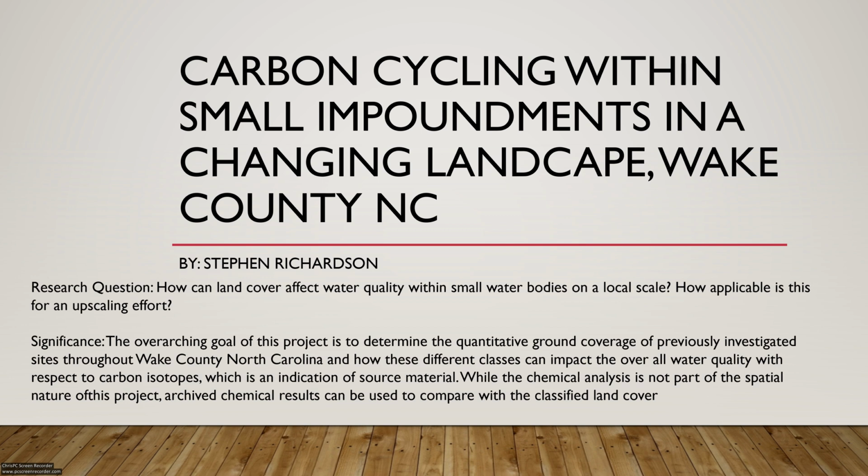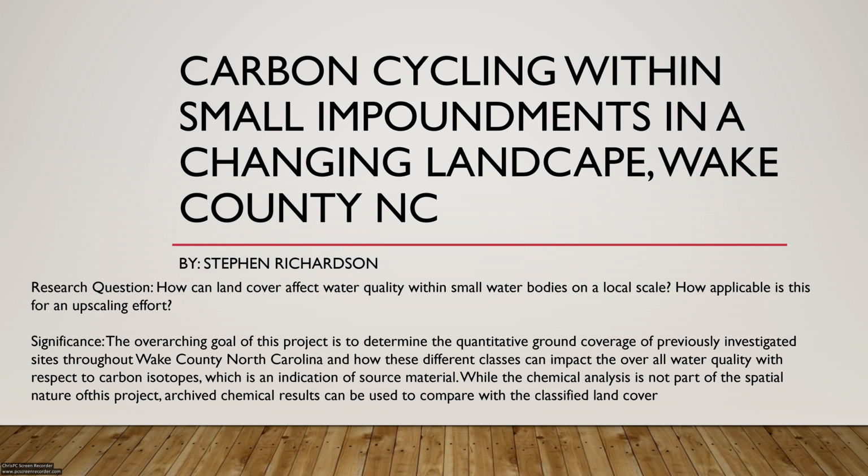My research question was to look at how land cover can affect the water quality that we find within these small impoundments. And if the results are promising, we hope to be able to upscale this to either a regional or national scale.